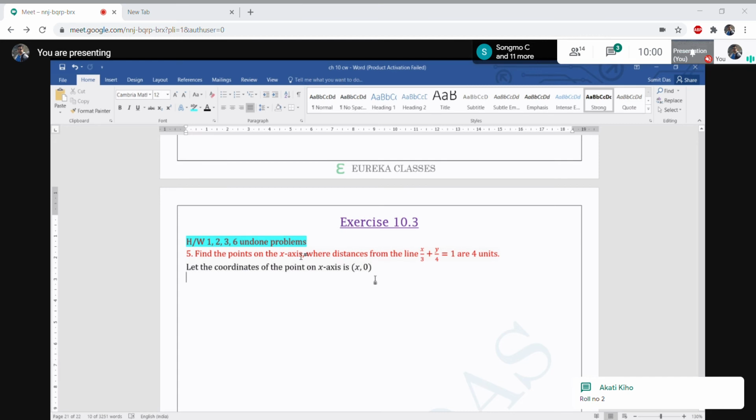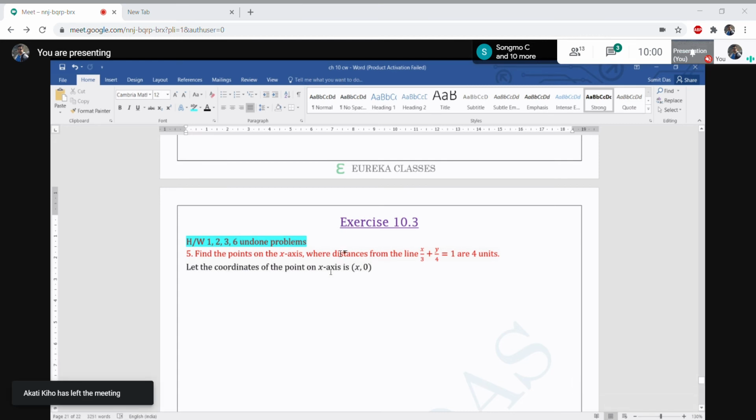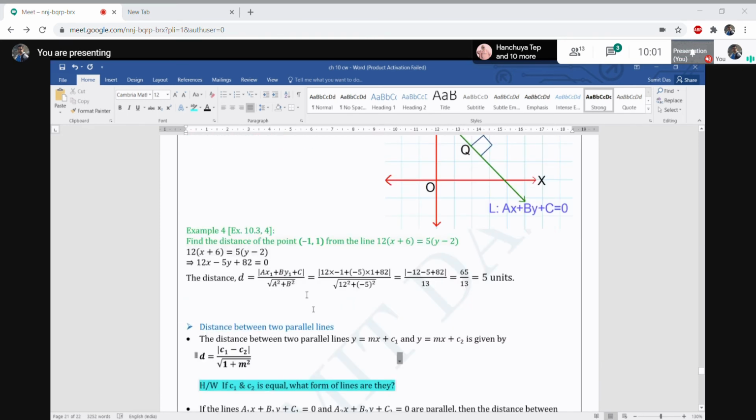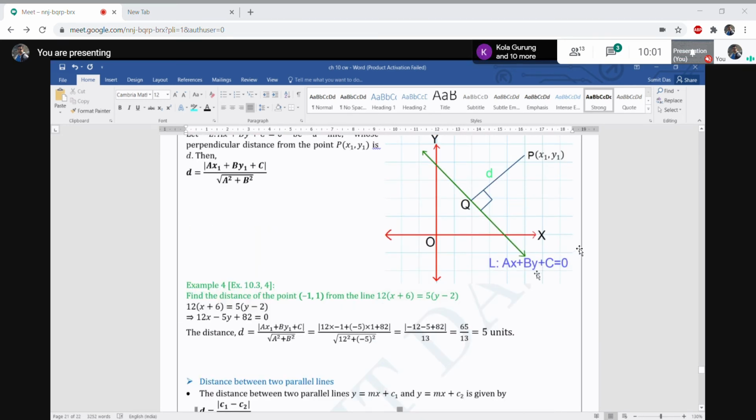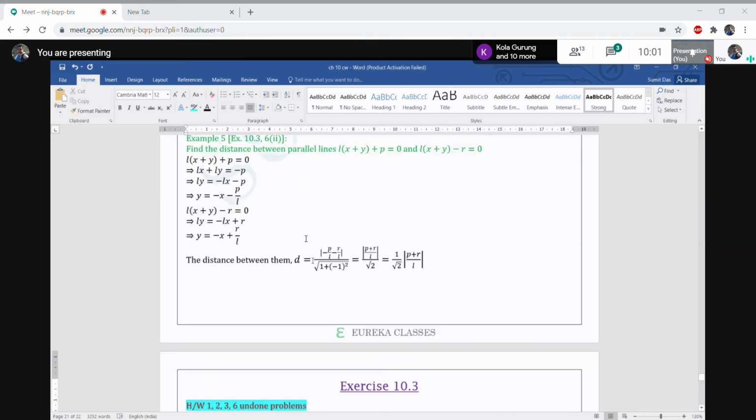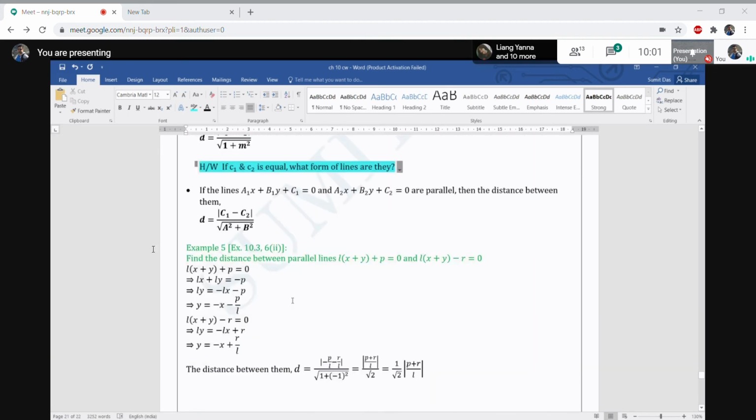So if the point is on the x-axis, you have to take the point as x comma 0. Now we have to convert this one into this form, the ax plus by plus c form. To do this, we just have to do simplification.